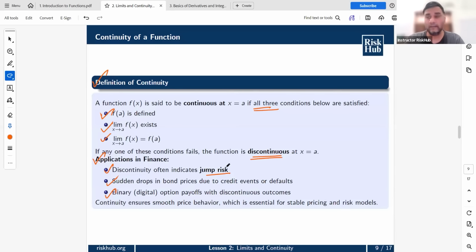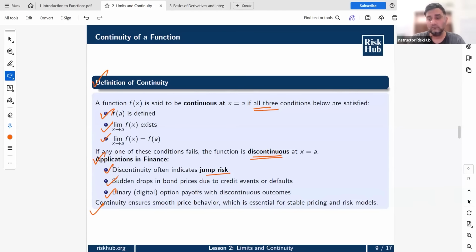If you're above the strike, you get the full payout. If below the strike, you get nothing. It's not like normal call or put options, right? So the payoff jumps suddenly at the strike. This is a discontinuous function, right? The key idea here is that most pricing models assume continuity because it makes the mathematics tractable, but real markets sometimes contain discontinuity. That is why advanced models include jump processes, and that is why we need to understand this.